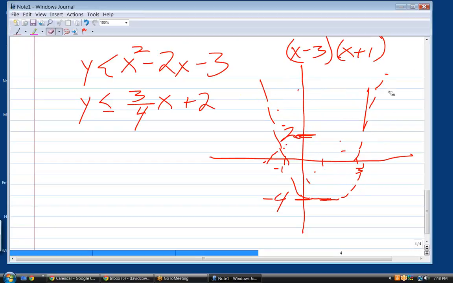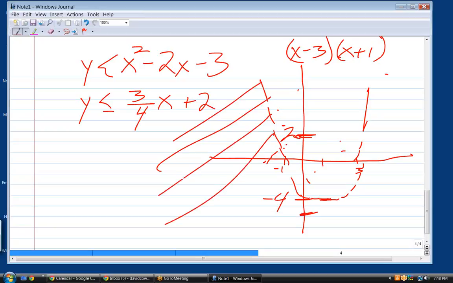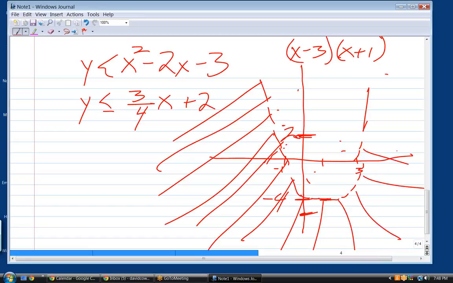But notice that below is definitely correct. In other words, I look to the y-axis, I find a point below, so I got to shade there, but you're actually shading all of that. Anything on this side of the parabola has to be shaded.